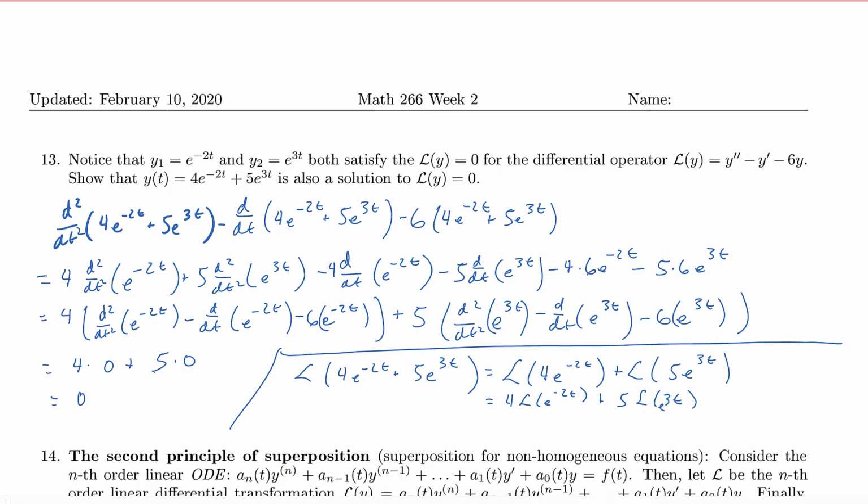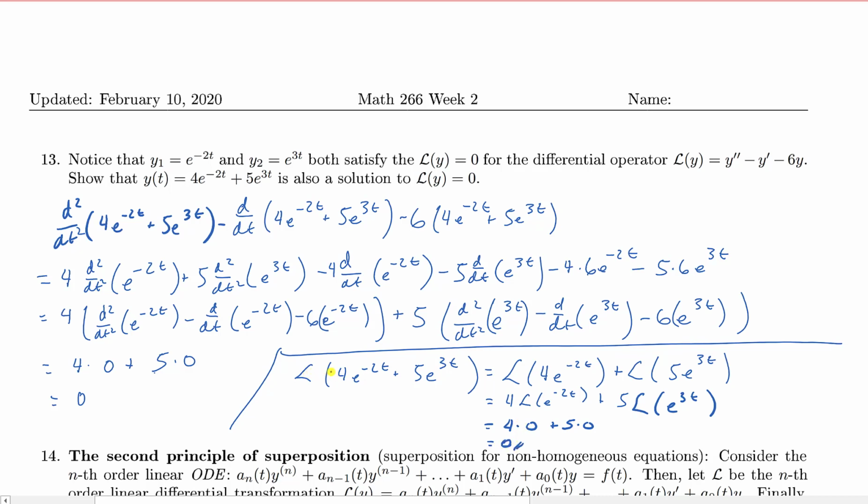Let me just clean that up real quick. But what do we know about L of e to the minus 2t? Well, we said that it satisfies the equation that when I plug it into the differential operator, it's going to spit out 0. So I get 4 times 0 plus 5 times 0, giving me 0 at the end.